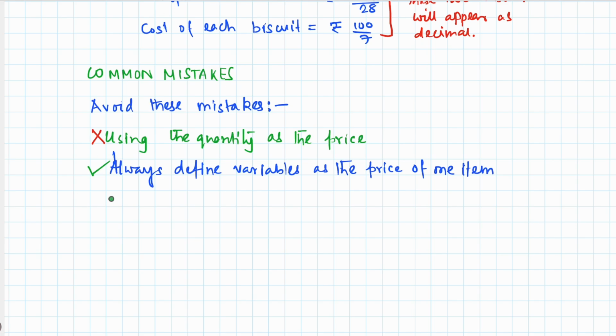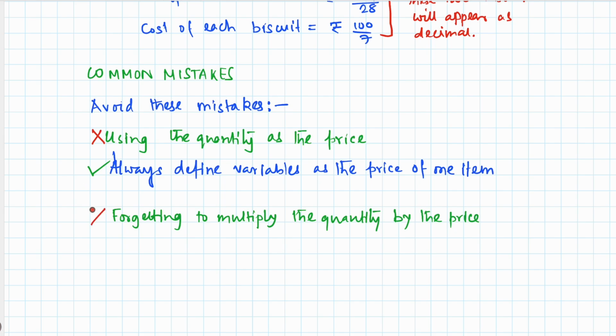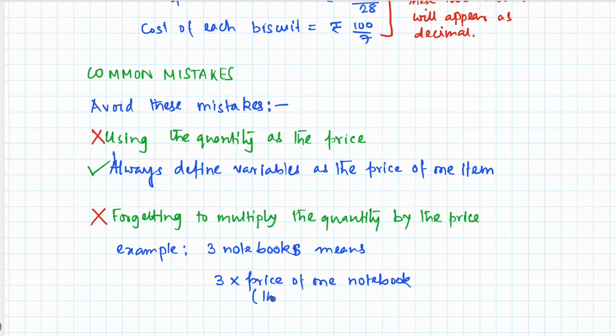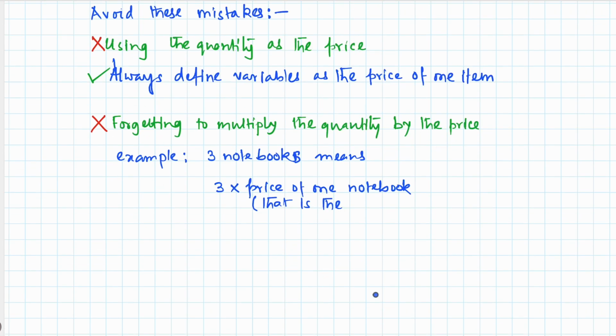So if, for example, the price of one chocolate or the price of one biscuit is considered as x and y, forgetting to multiply the quantity by the price of each item is also a mistake. Once we have defined the variables as the price of one item, we should multiply with the number of items. For example, 3 notebooks means 3 into the price of one notebook. That is the variable that we have set, either x or y.